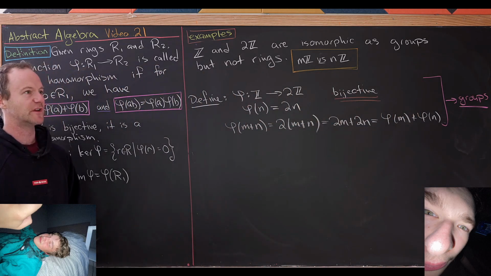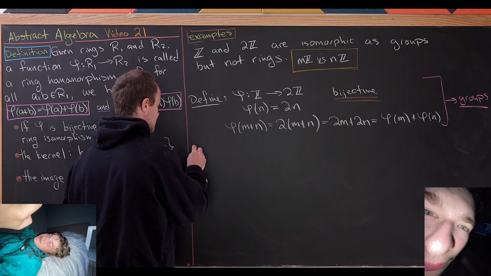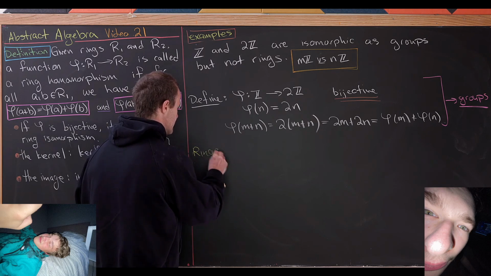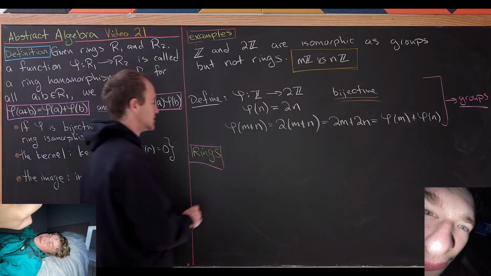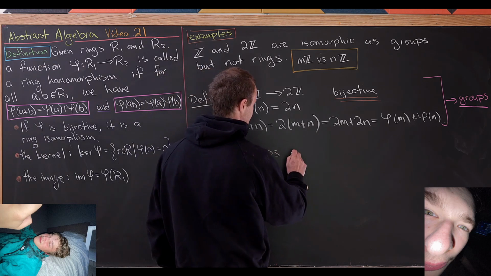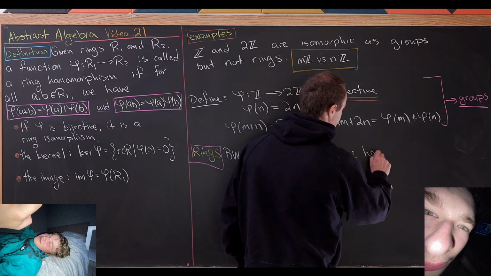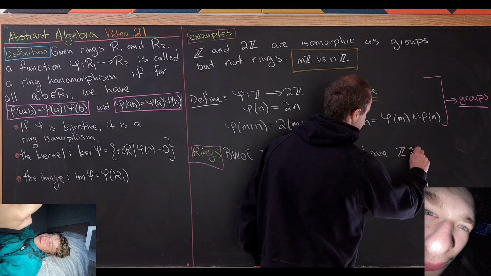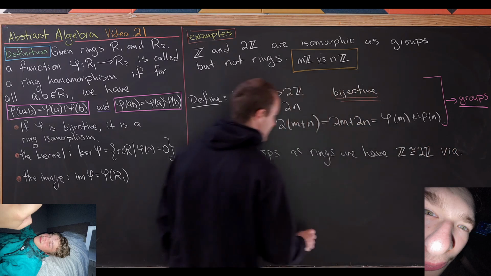Now we'll show that they are not isomorphic on the level of rings. Let's see how we might do that. We're going to do this by way of contradiction. So suppose that as rings, we have Z isomorphic to 2Z, and let's say that this is via the following map.